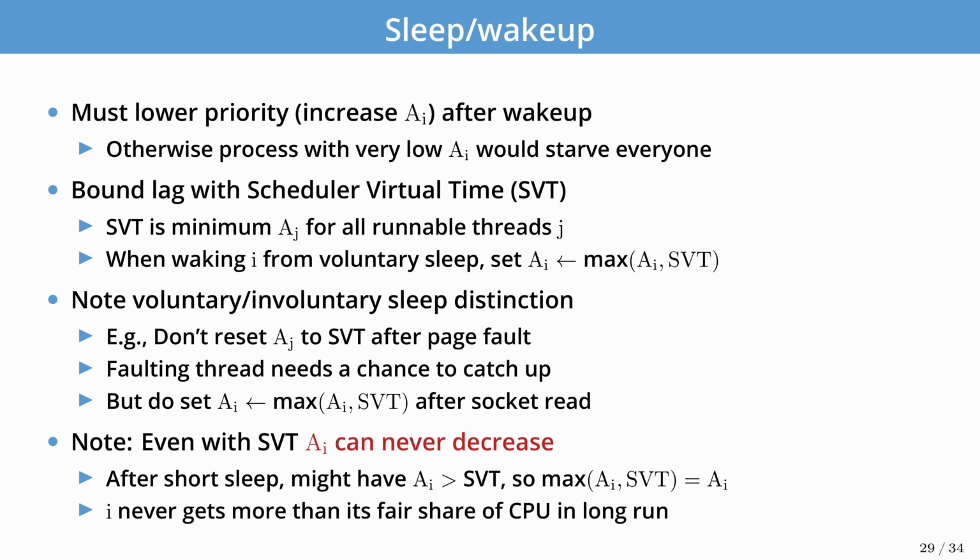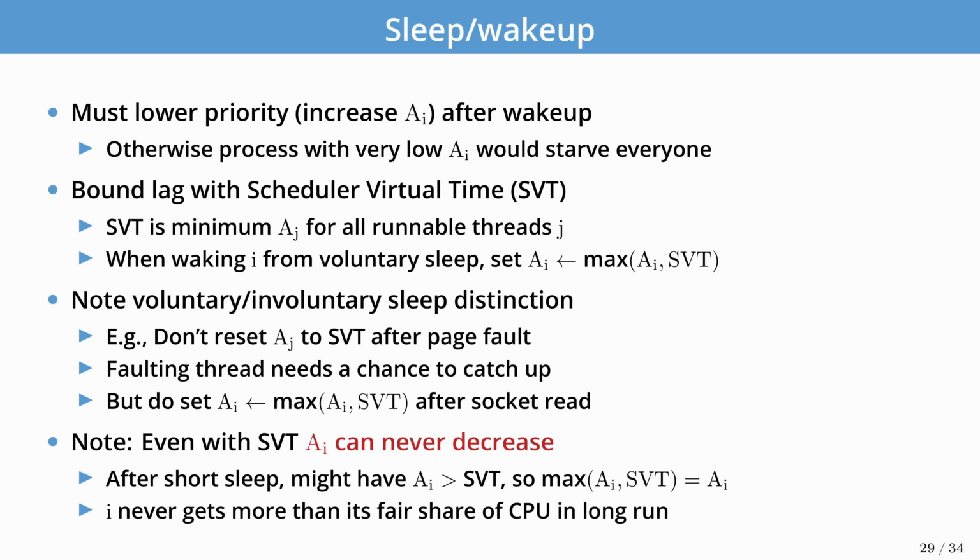So the BVT scheduler bounds how far behind a process can be when it wakes up with this notion of the scheduler virtual time. This is a global minimum of virtual time for all currently runnable threads. And all we do is monitor all the currently running or runnable threads, and we take their minimum virtual time and use that as the scheduler virtual time.